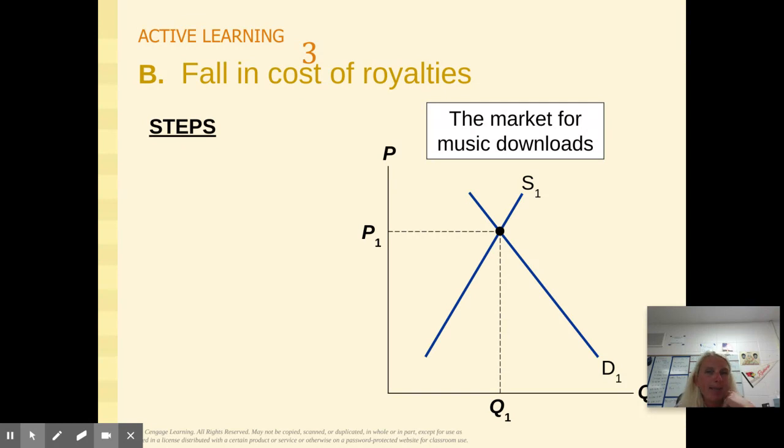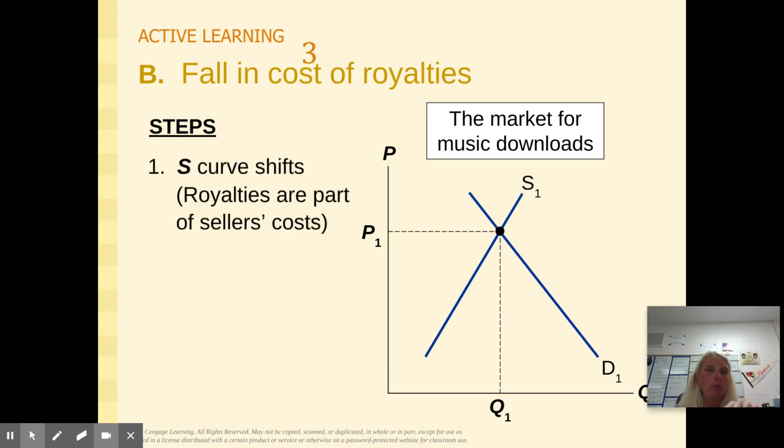letter B. So we're still in the same market, but we have a brand new situation. There's a fall in the cost of royalties. So that means that suppliers don't have to pay as much to musicians to sell their music on the music downloads. So that's an input price that's in TIEs. That means it's going to be a shift in supply. Okay.